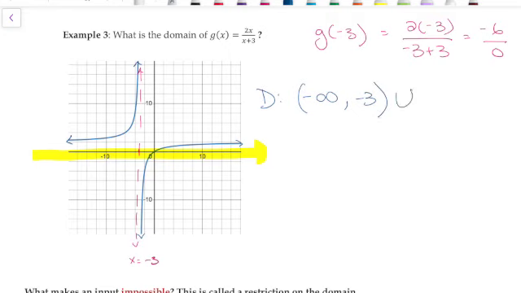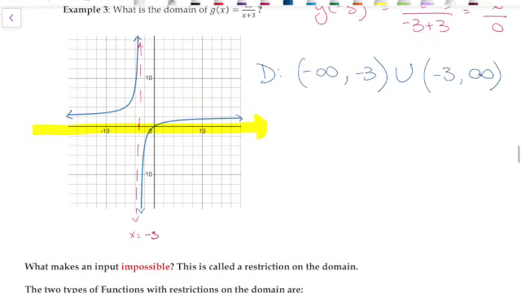And then we have that union, just like we did a couple weeks ago with lines. And then the next one is also going to be negative 3 up to infinity. So it comes into negative 3 on both sides as close as possible, but it doesn't touch. So that means infinitely close, and that is called an asymptote.